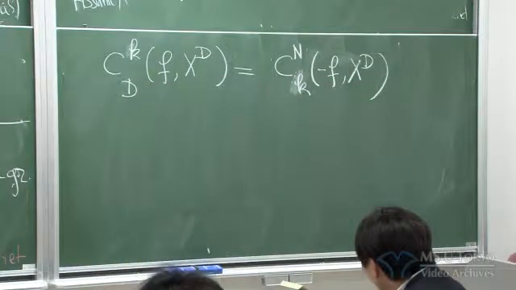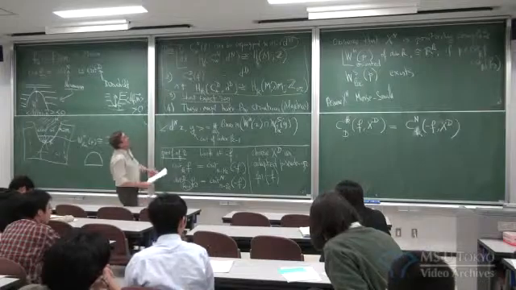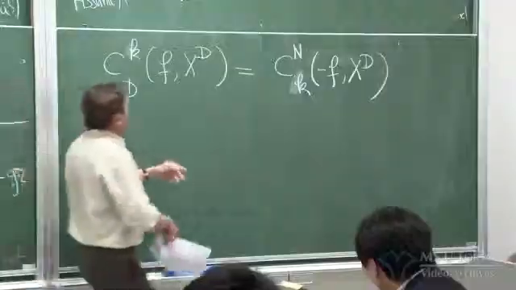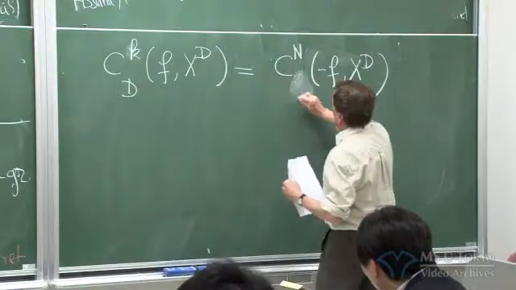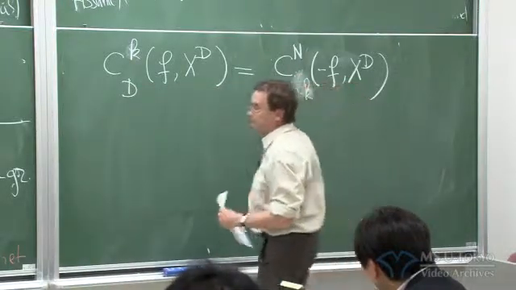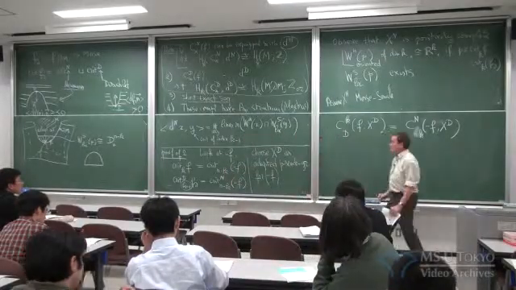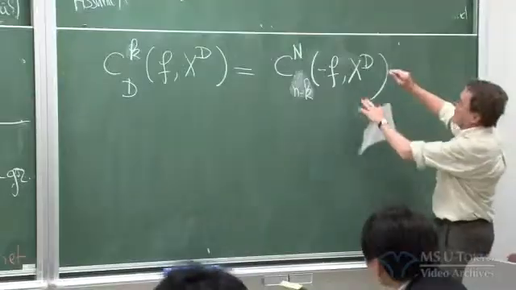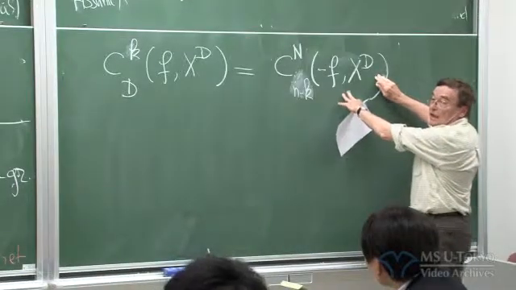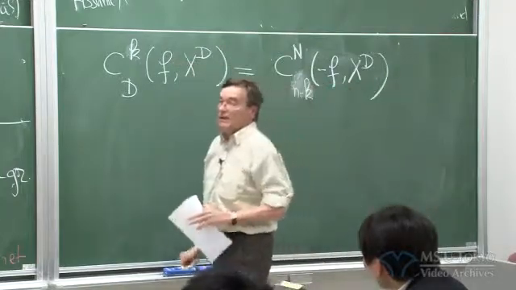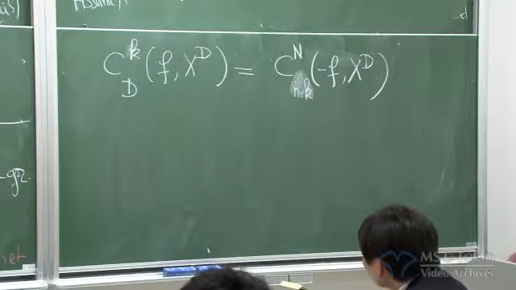And of course, it is a cochain complex because the differential, I'm sorry, n minus k. It is a cochain complex because here the differential has degree minus 1. So due to the reversing of the grading, the differential has degree plus 1. It is a cochain complex.